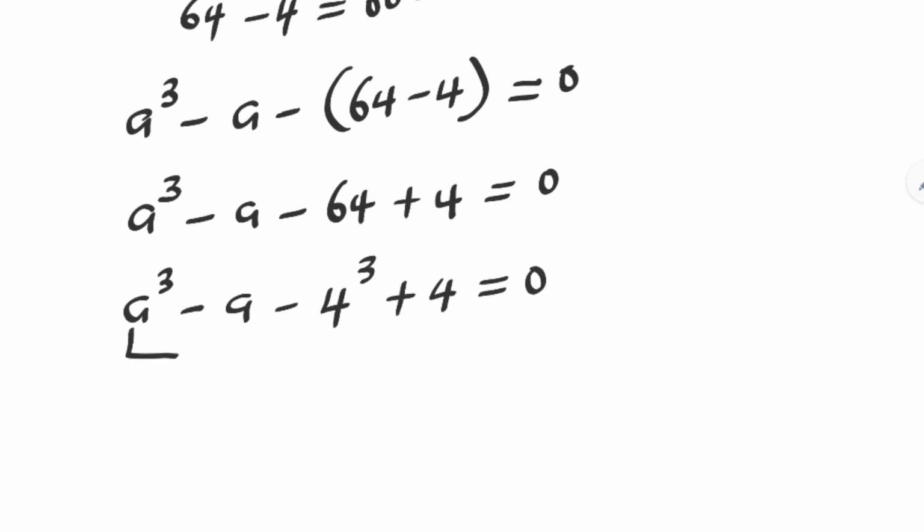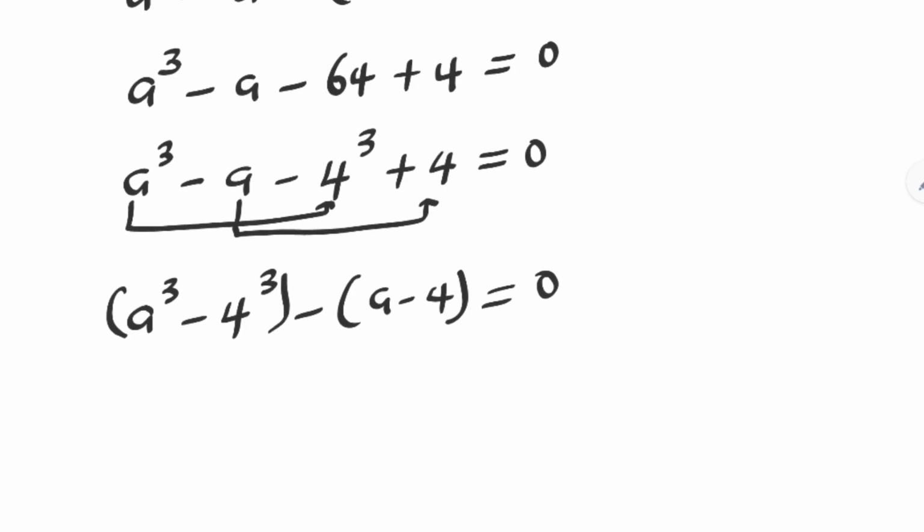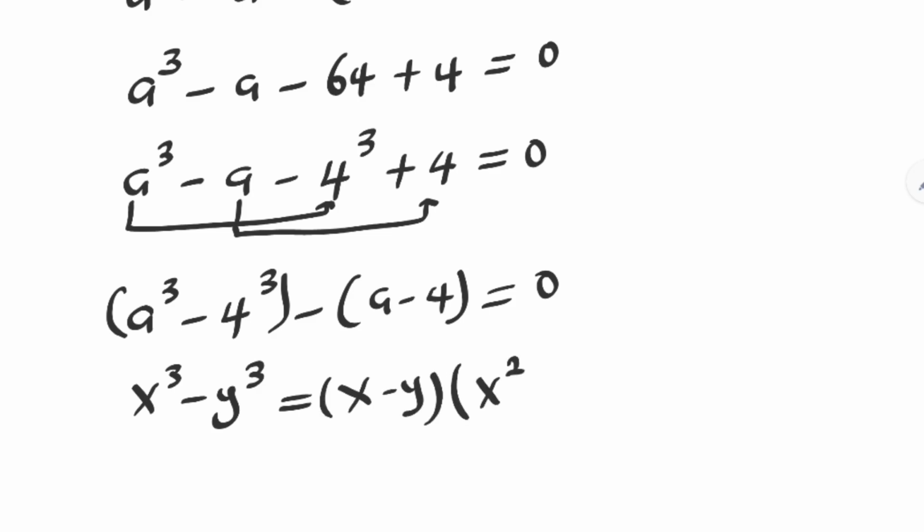Now let's pair this with this and this with this. a raised to power 3 minus 4 raised to power 3, then minus, here will be a minus 4 is equal to 0. Take note of this, that if you have x raised to power 3 minus y raised to power 3, this is equal to x minus y bracket x square plus xy plus y square.